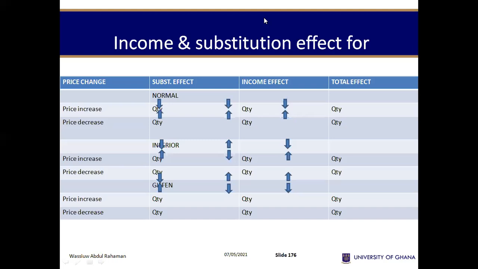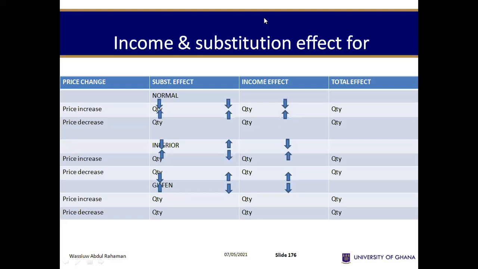And then we also looked at the income consumption curve. We said that that is a line that traces new equilibrium points when there is a change in income of the consumer. And the shape of that line also depends on the type of the two commodities, whether they are normal goods or inferior goods. So we went through all that the last time that we met.